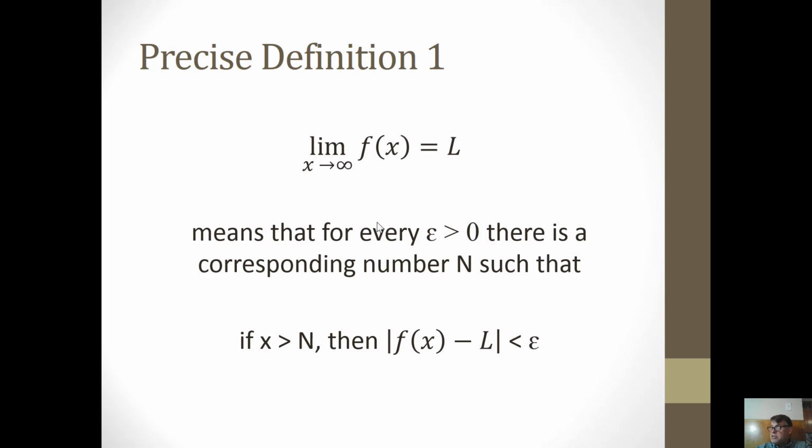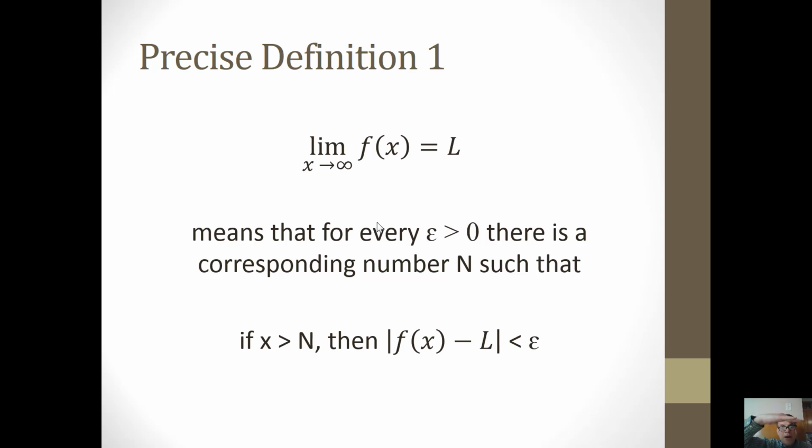E basically is a number that we can make as small as we like, and we're still going to be able to get smaller. It's basically saying that we never actually get to the limit, that there's always going to be some difference.